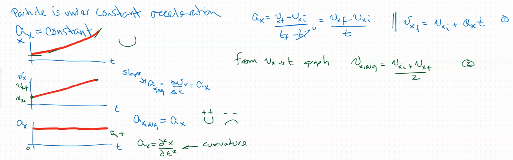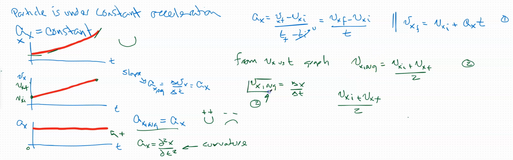We can generate more equations. You remember the definition of average velocity was delta x over delta t. So I'm going to plug equation 2 here, and that's going to give us velocity initial plus velocity final over 2, which is the average velocity, and this must be equal to delta x over delta t, which means final position minus initial position over delta t.